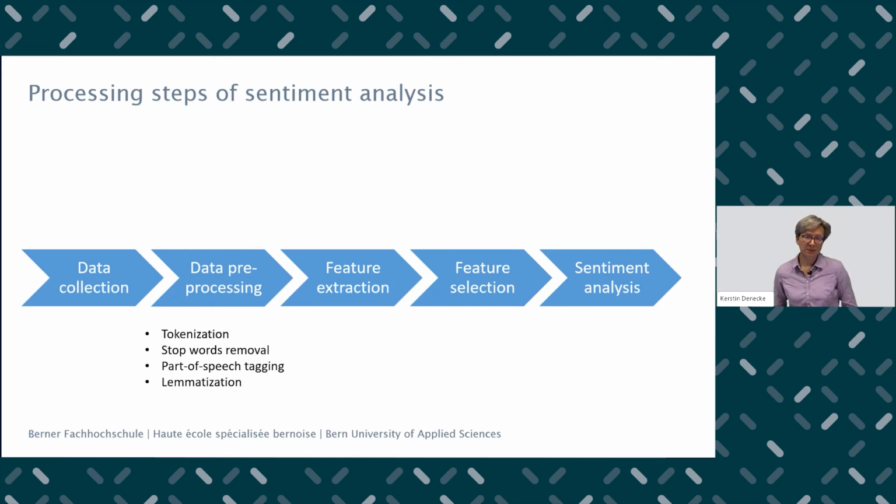Then the next step is data processing. We have to analyze the text. There are tools available for this, to remove stop words, for example, or run some part of speech tagging, to identify the word category, or do some lemmatization or morphological analysis of the terms.